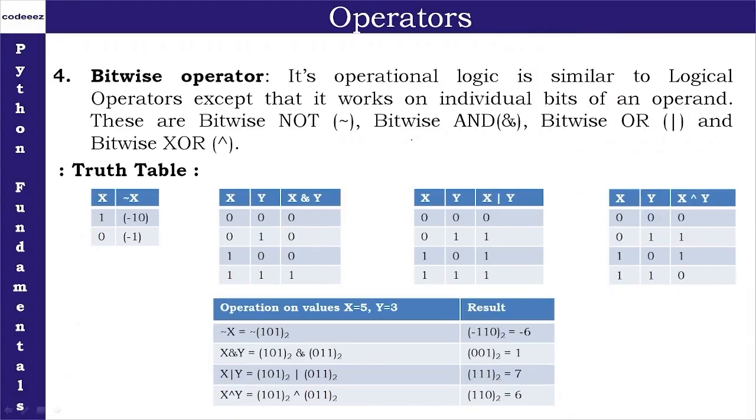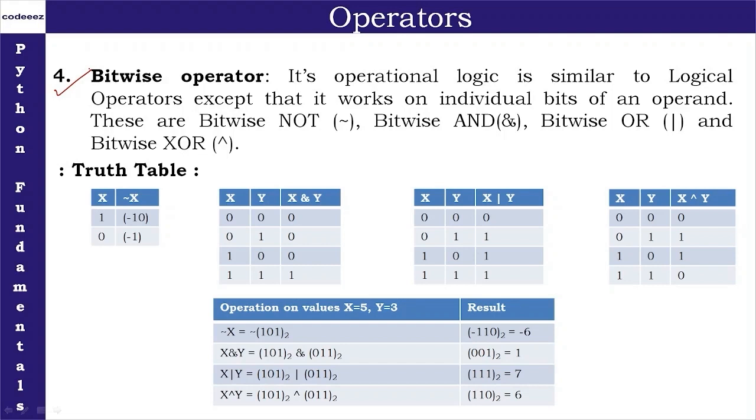Now next comes the bitwise operator. Now what is a bitwise operator? A bitwise operator works similarly to a logical operator, with a difference that a bitwise operator works on the individual bits of the values.